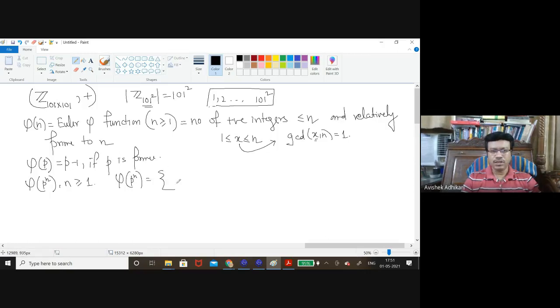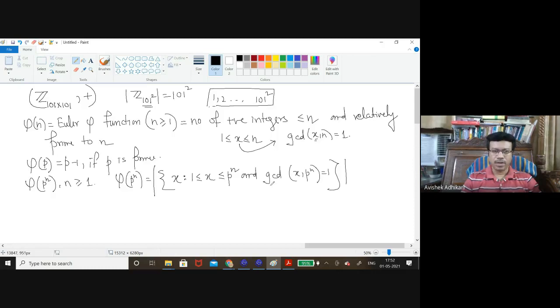We are trying to count all such x such that 1 ≤ x ≤ p to the power n and GCD of x and p to the power n equals 1. So this is the set, and the number of elements within that set is phi of p to the power n.